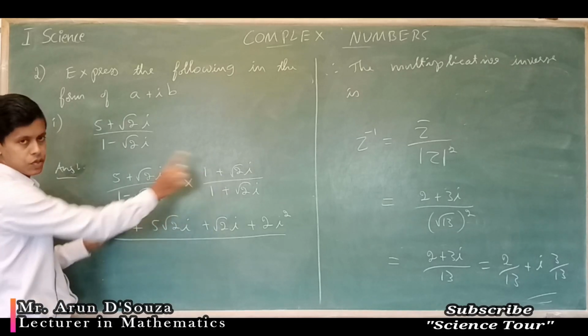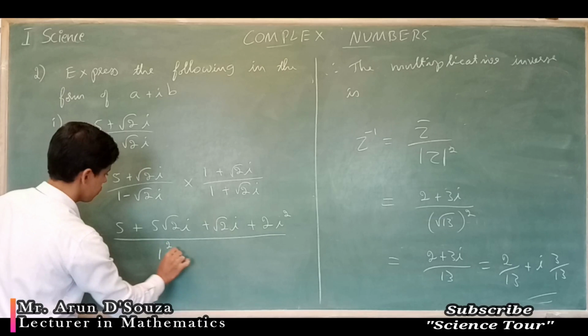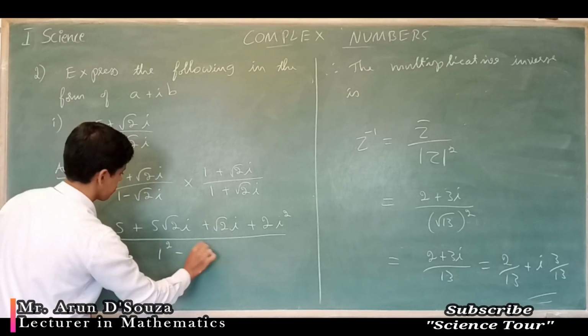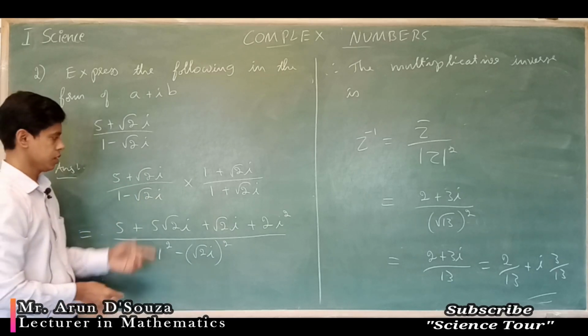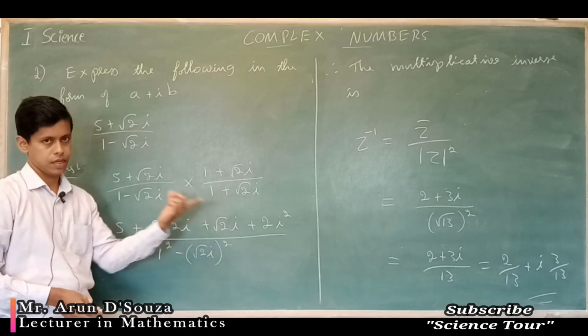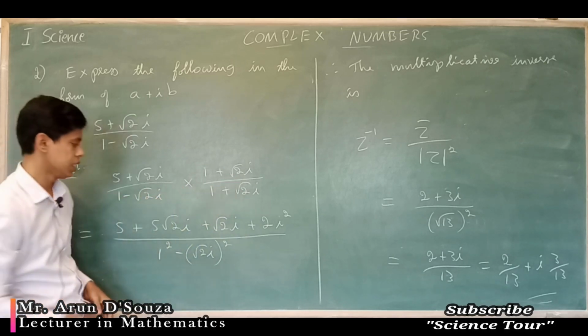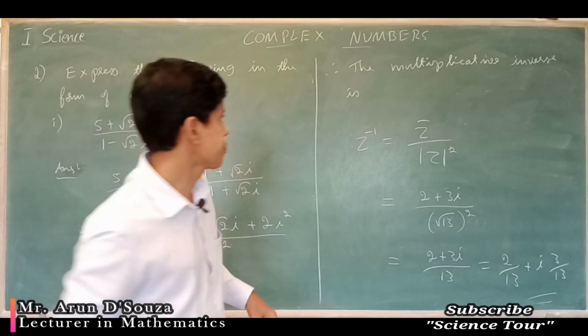So this is a minus b into a plus b. We can write a square minus b square directly. So this is 1 square minus root 2i square. Okay, so this is like a square minus b square, a minus b into a plus b.